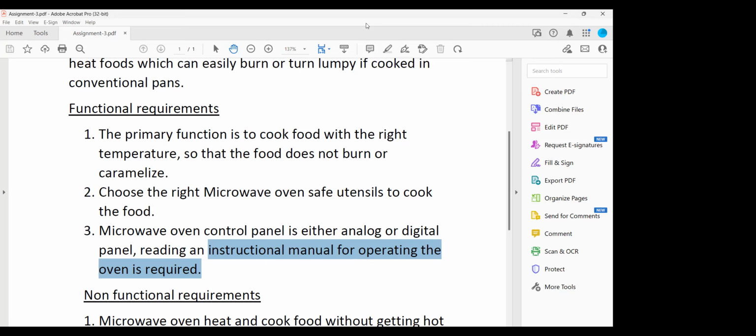Turn off, okay, that is functional. The indicator is also functional. If the water is not there as per the quantity, it may burn, sir. How will that become non-functional?